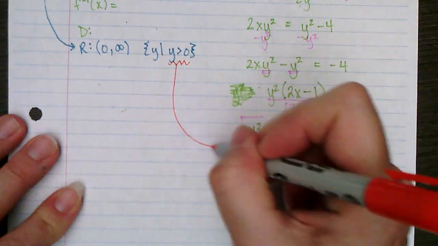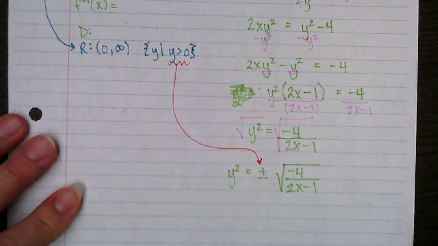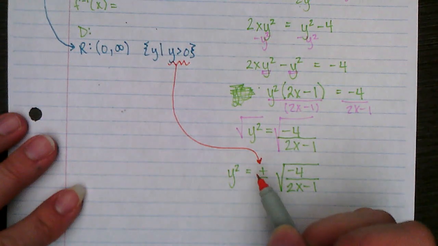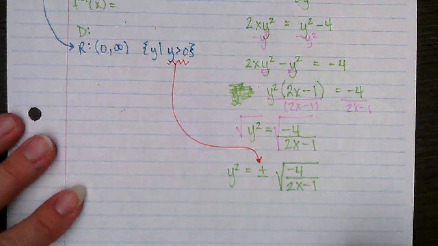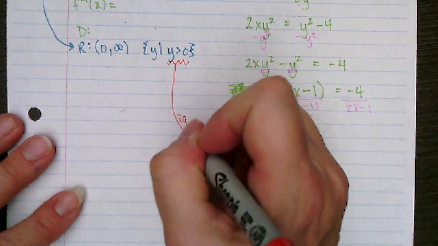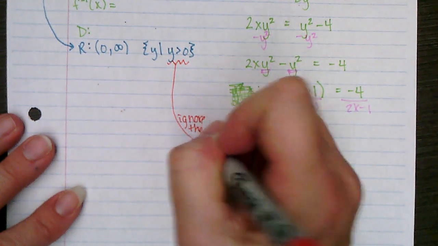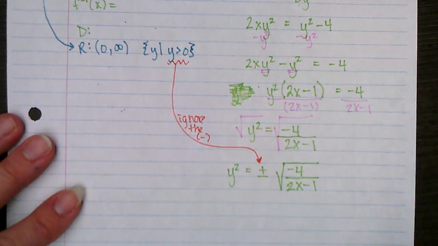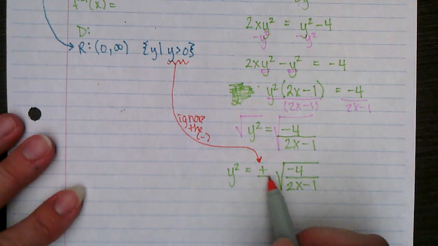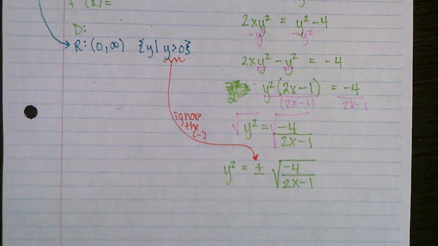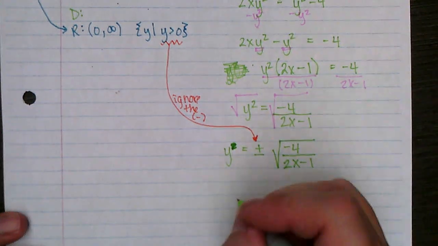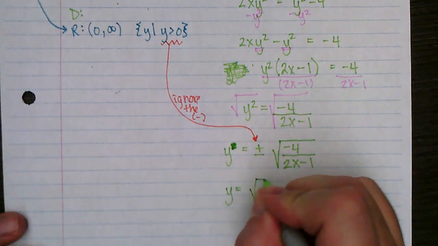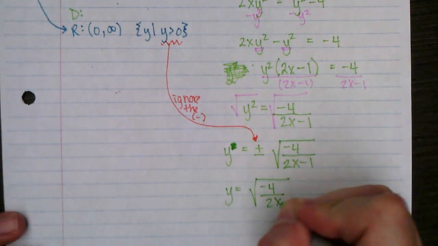So in order for y to be greater than 0, we are only going to worry about the plus part, and we will ignore the negative part of that square root since we had that range restriction. So our y is just going to be the square root of negative 4 over 2x minus 1.